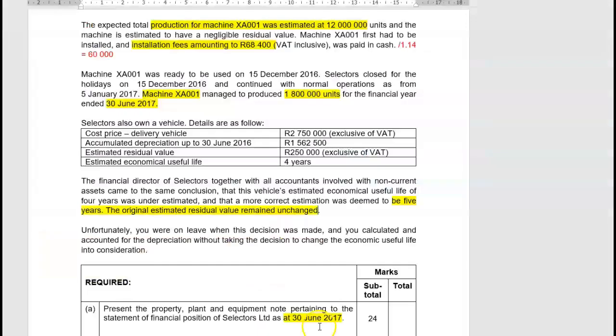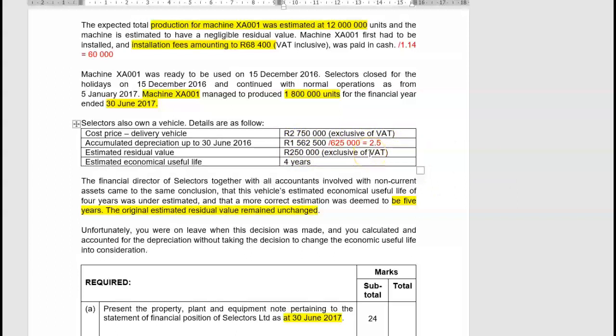Our total accumulated depreciation is 1,562,500. If we divide it by 625,000 Rand, that gives us the number of years that the accumulated depreciation represents, and that equals 2.5 years.